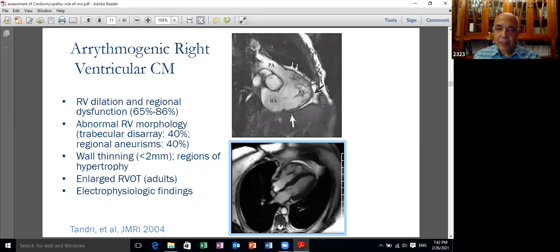Now, the Hopkins criteria usually rely on the presence of right ventricular dilatation, as well as the presence of dyskinetic areas, particularly in the triangle of dysplasia involving the right ventricular outflow tract, the inflow tract, as well as the apex. And the criteria emphasize that the right ventricular end-diastolic volume should exceed 110 milliliters in men and 100 milliliters in women.